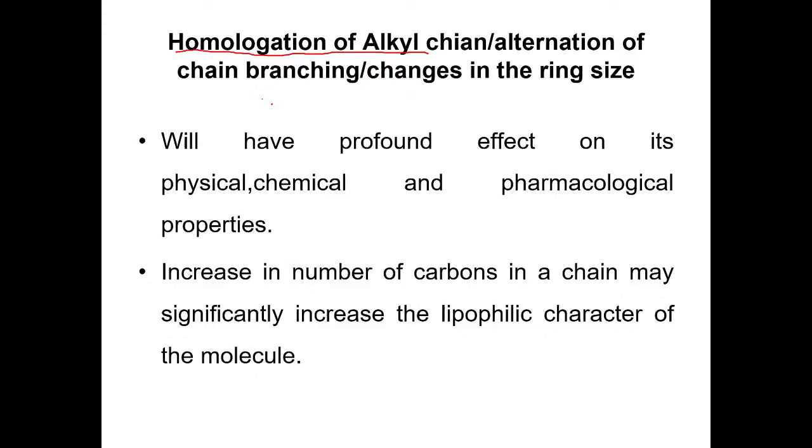So homologation means a series of molecules where one molecule differs from the next higher molecule by a constant number of atoms, like methane and ethane. What is the difference? It is CH2. Ethane and propane, it is CH2.